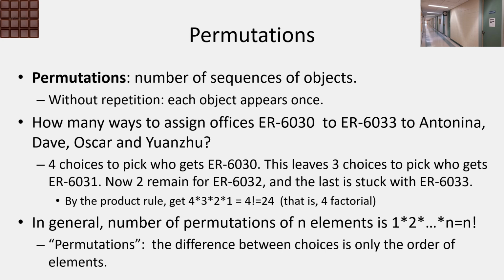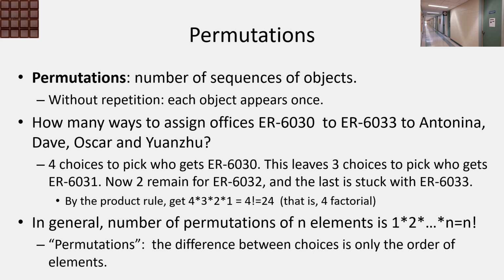When one of us gets the second office, there are 2 choices left for the remaining people, and for the last person there is no choice. So by the product rule, we get 4 times 3 times 2 times 1, 4 factorial different ways of assigning 4 people to 4 offices.